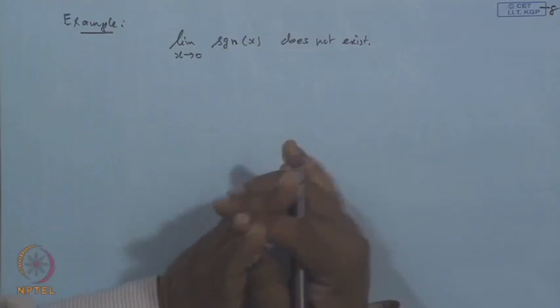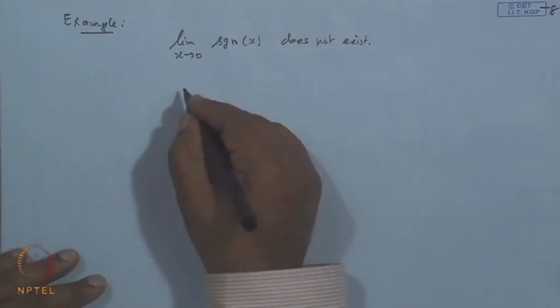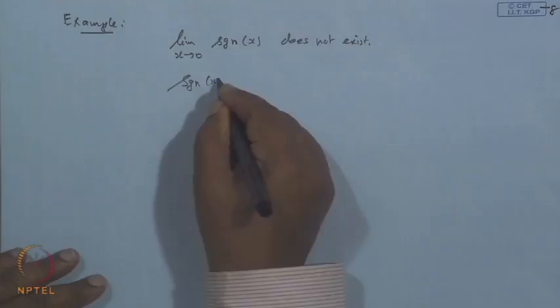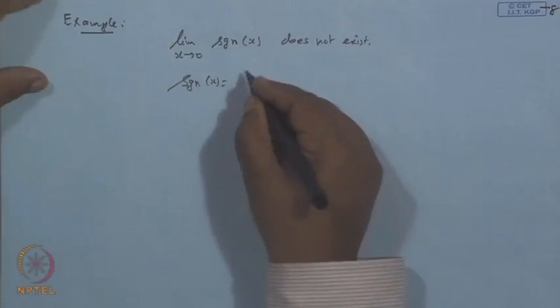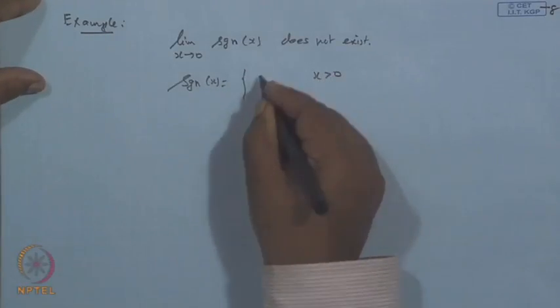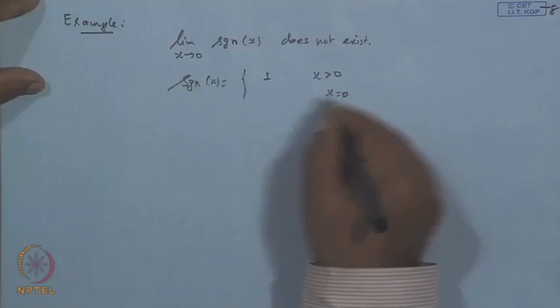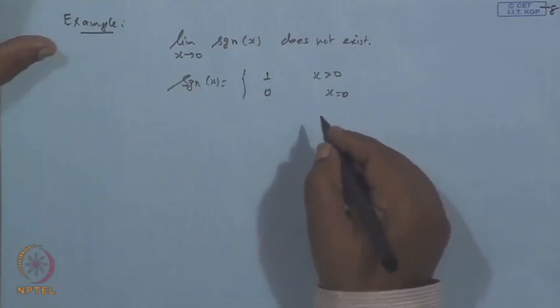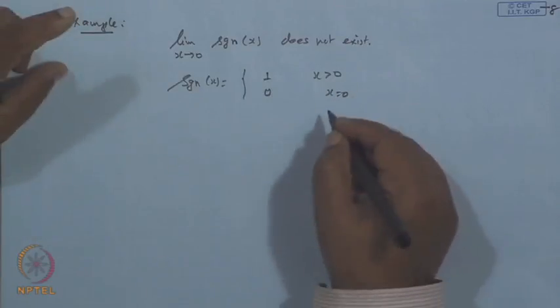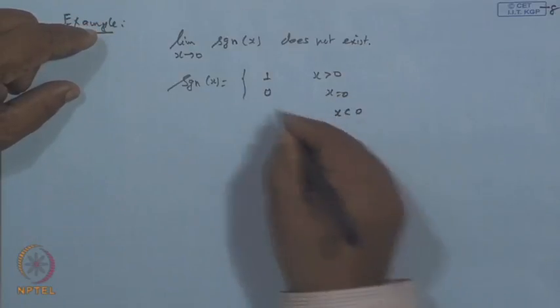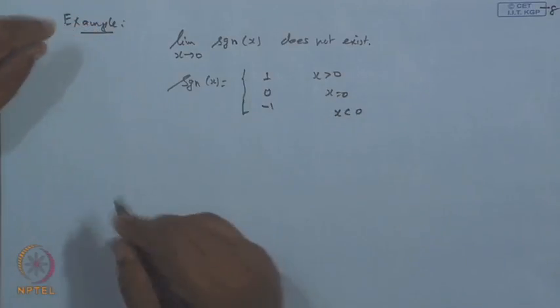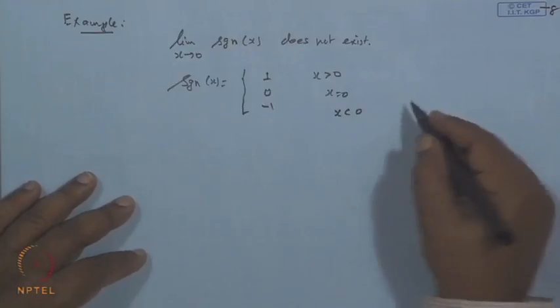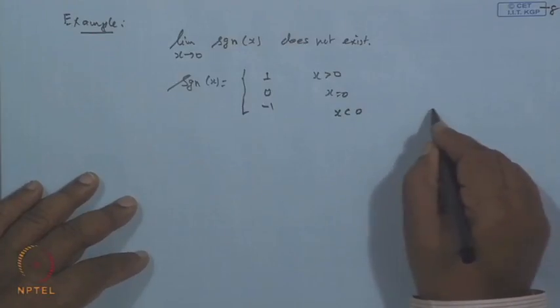It means what? First, what is the signum of this? The signum function is basically the sign of the function. So, when x is positive, the value will be 1. When x is 0, the sign we consider just 0. When x is negative, we put it to be minus 1. So, this is the signum function.